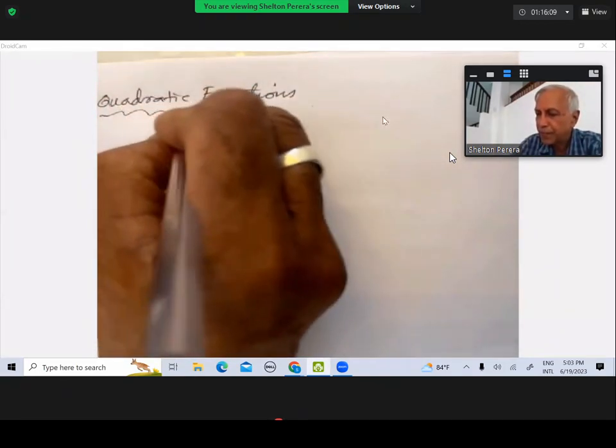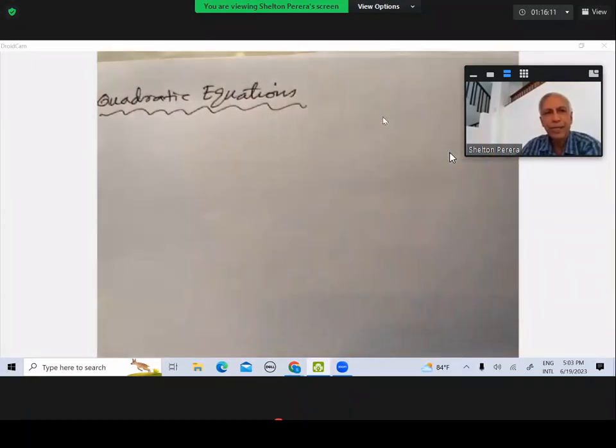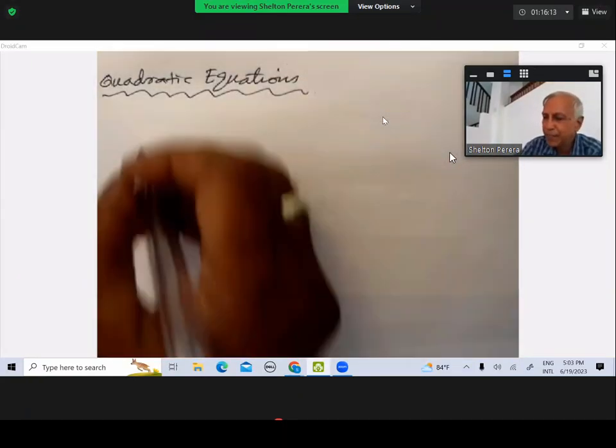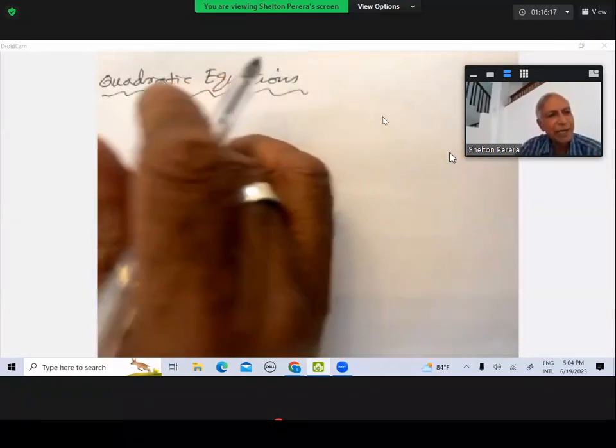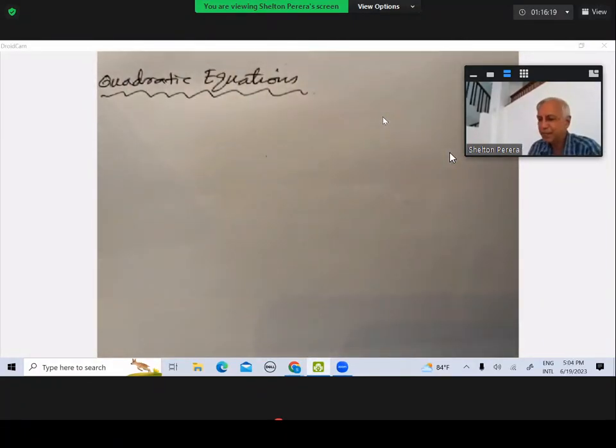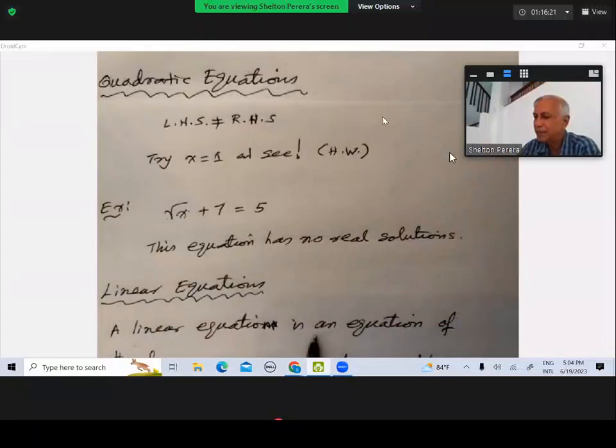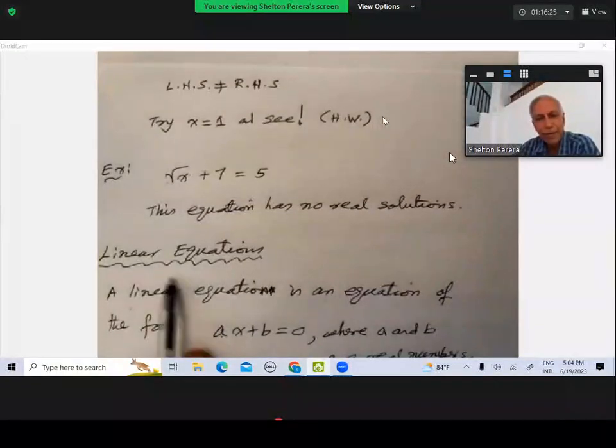Quadratic equations. What is a quadratic equation? Like linear equations, they are equations of the form. Here, for linear equations, I wrote that a linear equation is an equation of this form. Now, quadratic equations.